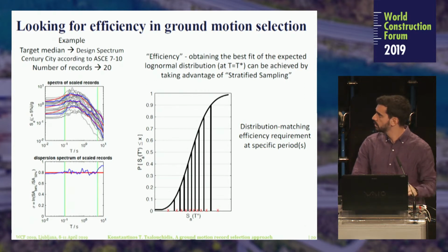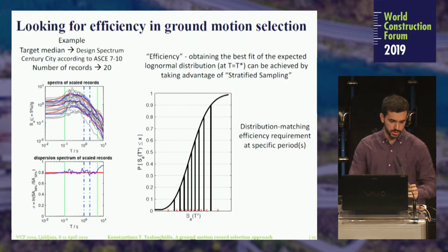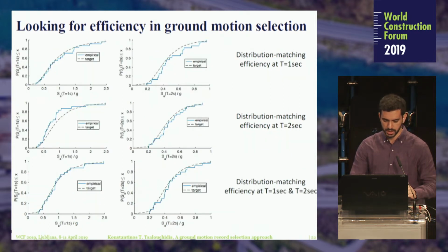And on the lower graph you can see the dispersion spectrum and how the match is being accomplished there. I will show how this requirement might provide differences at two periods of interest. We might be interested in T equal to 1 second or T equal to 2 seconds, and I'm just going to show if this efficiency requirement improves our results.